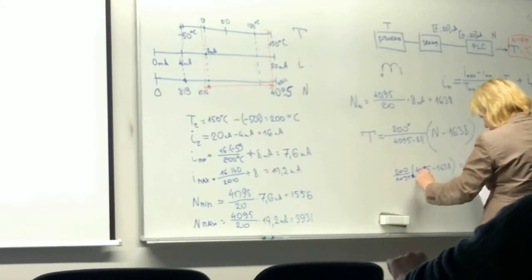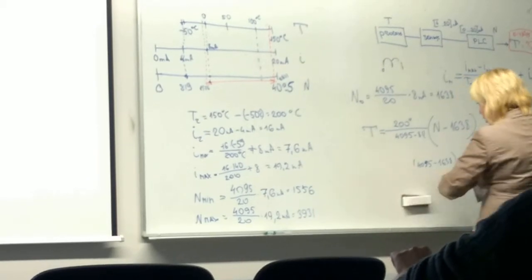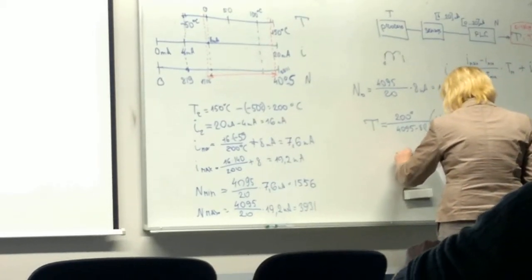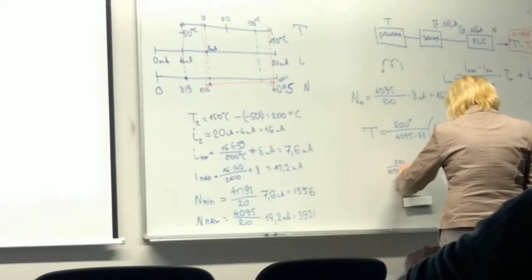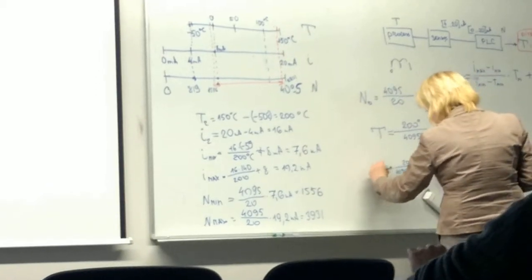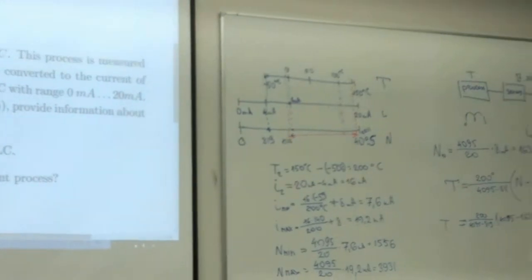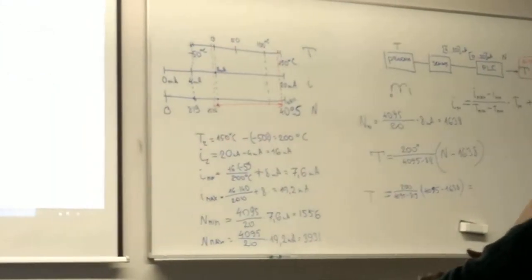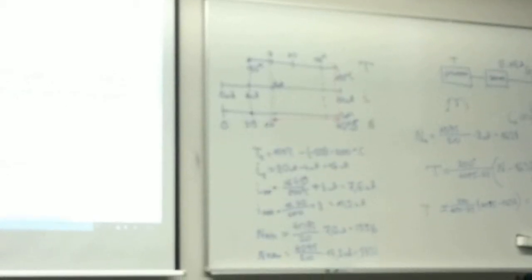So again, as I said, always check the equation that you have obtained. In that case, it should be divided by 3278.